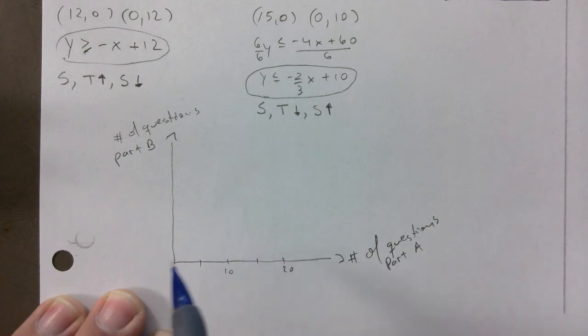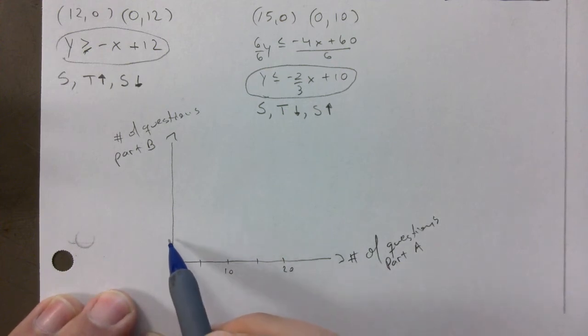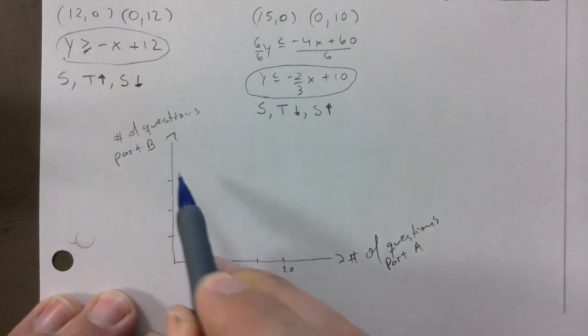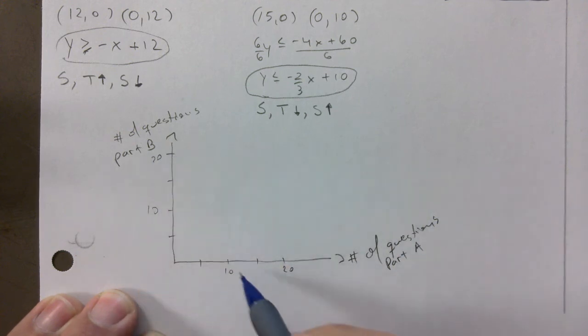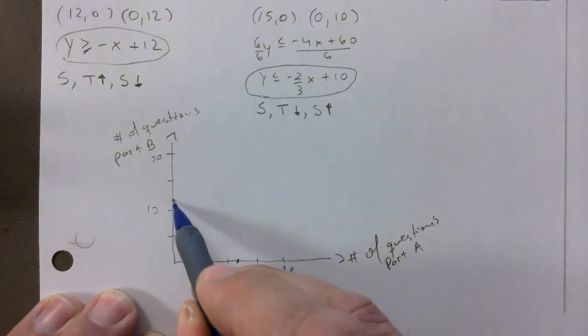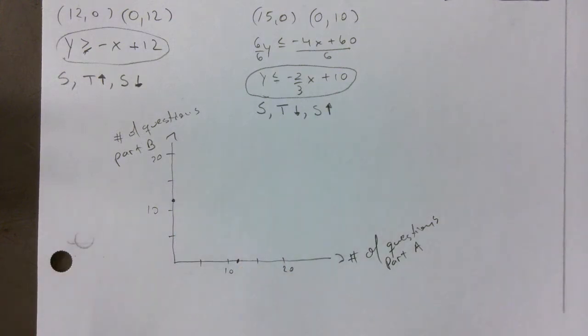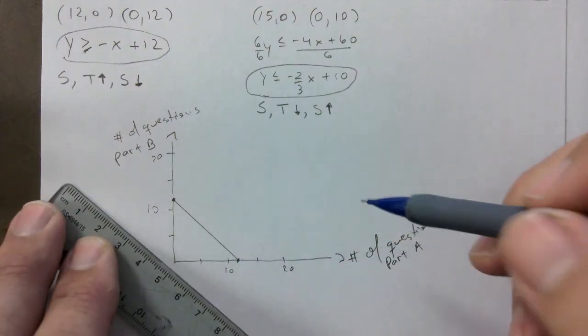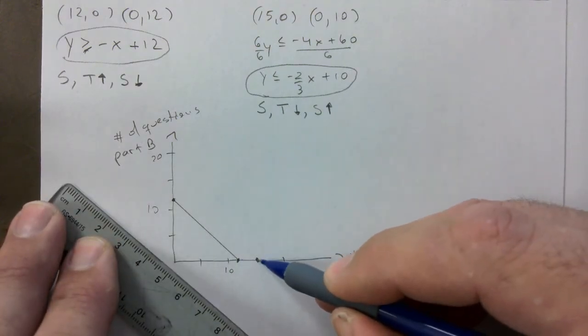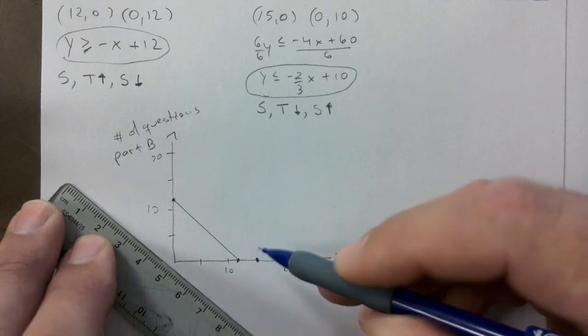Right? 5, 10, 15, 20. 12, 0, 0, 12. And the other one is 15, 0, 0, 10.